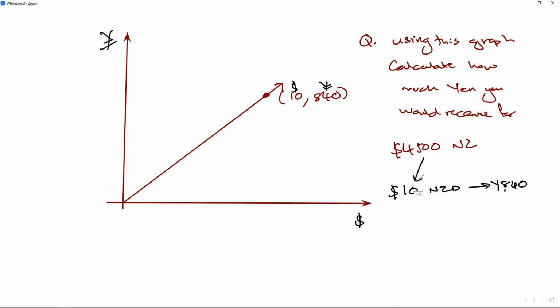Let's go ahead and say, okay, if I want to go to 450, I've got to multiply by 45 to get to 450. So all I've got to do is multiply this by 450 and I'm done. But to do that, I need a calculator. So 840 times 450 comes to 378,000.